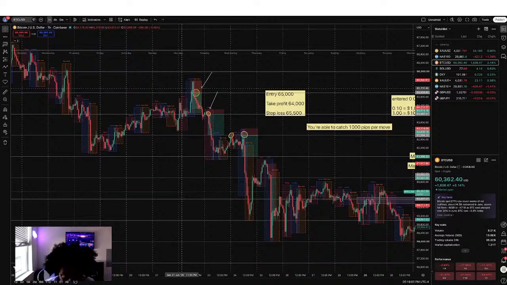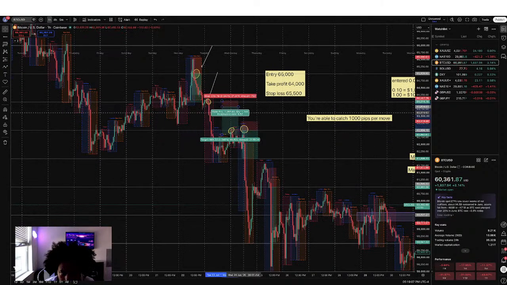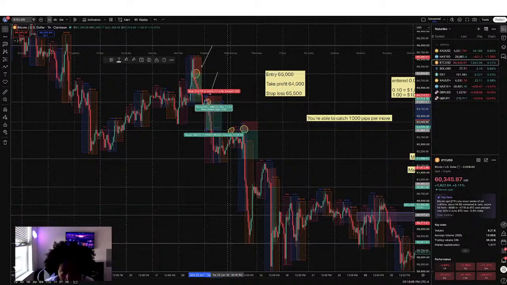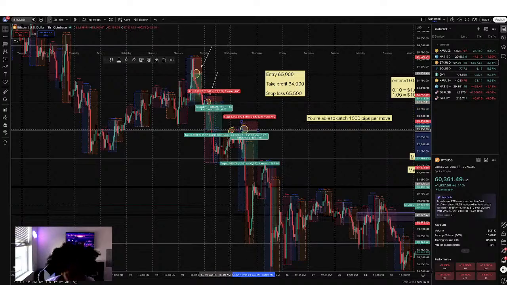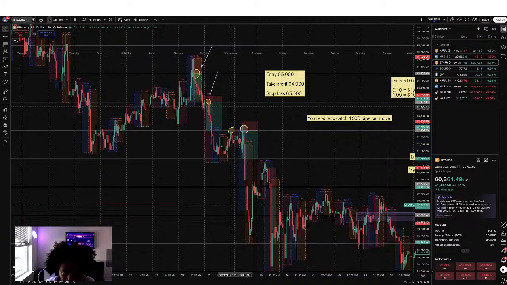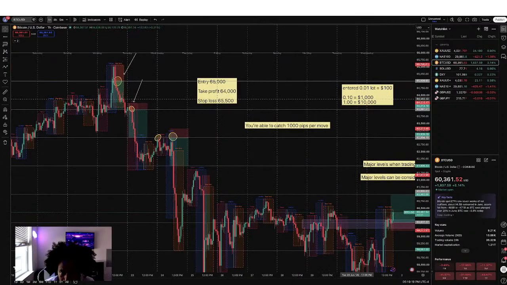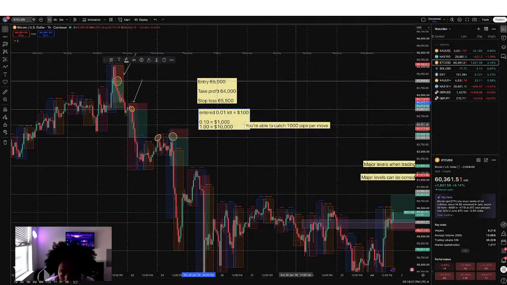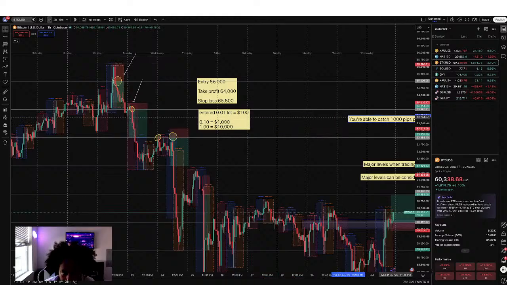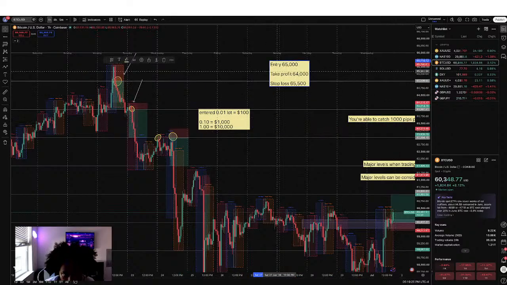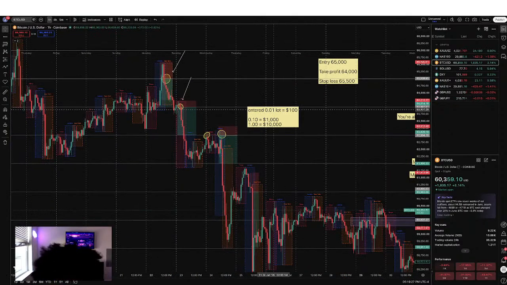So you can see we have another rejection. If we go right here, another rejection, and where would the take profit be? The next level, which is the next $1,000, which is 1,000 pips. So this move right here to right here is 1,000 pips. This is the potential that you can make depending on your lot size or whatever the case may be. So let's say I have $500 in the account.